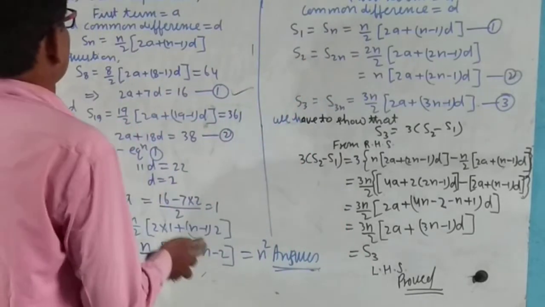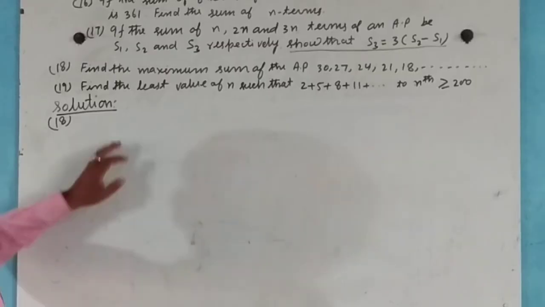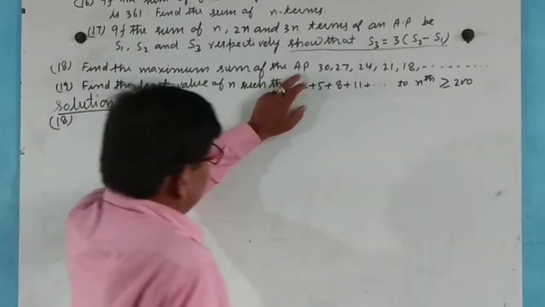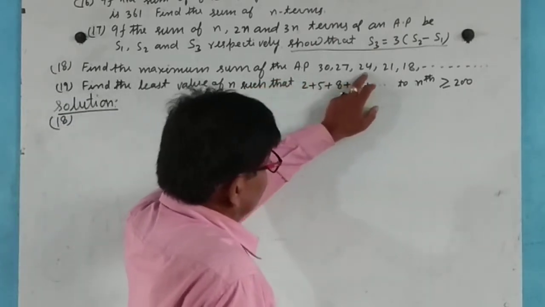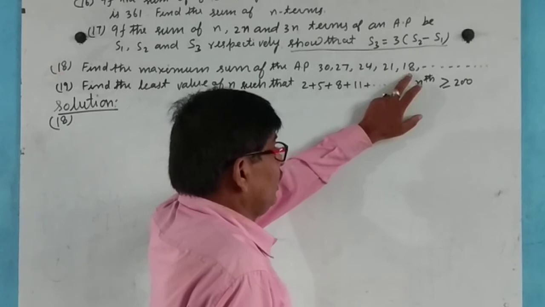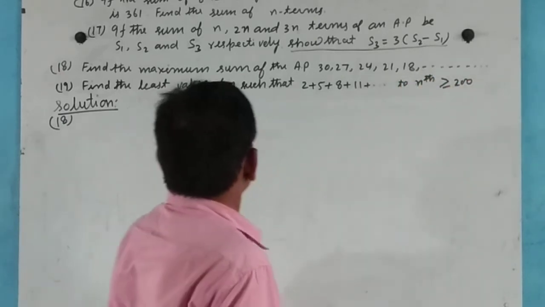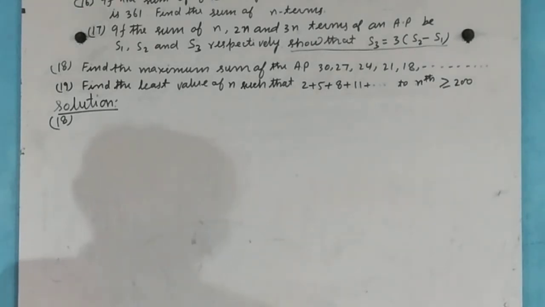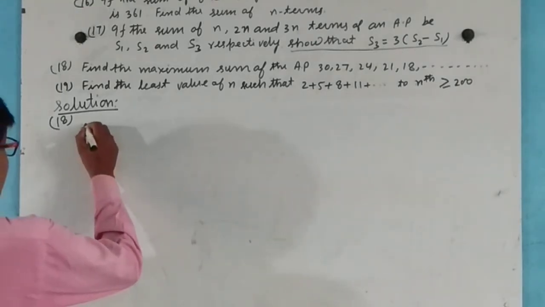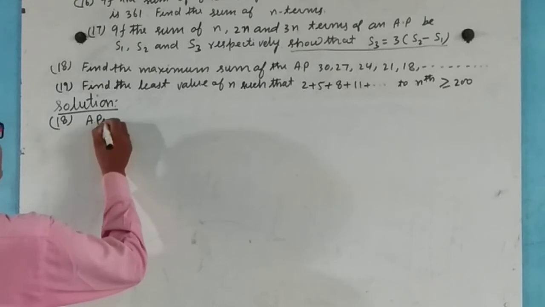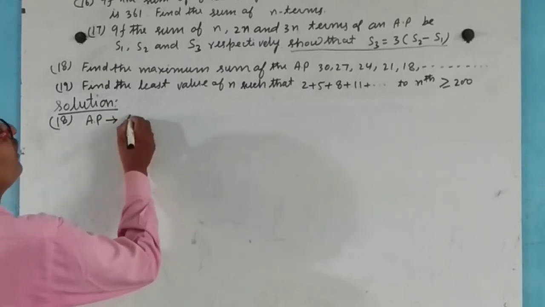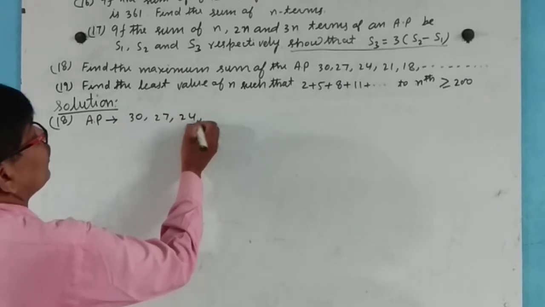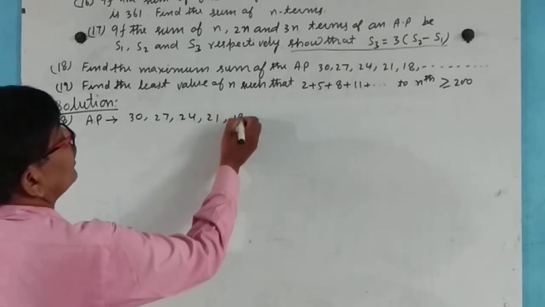Now we take question number 18. Find the maximum sum of the AP 30, 27, 24, 21, 18.